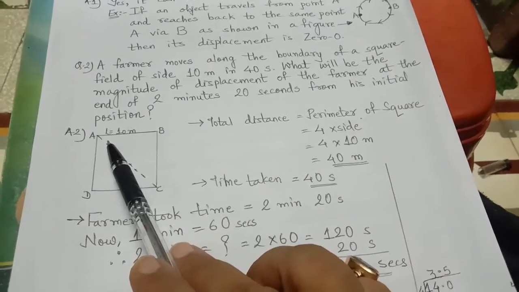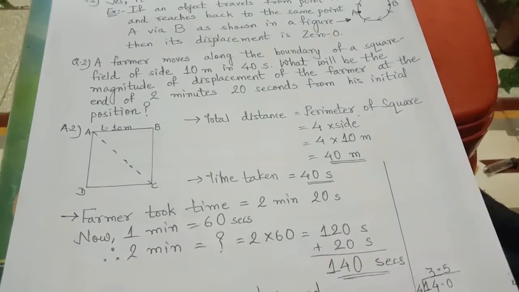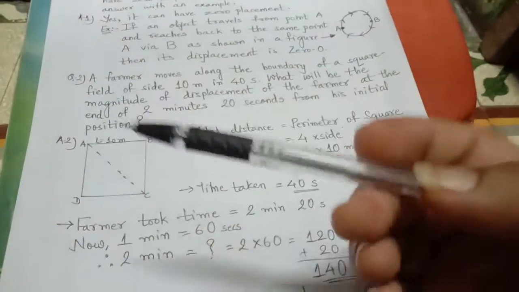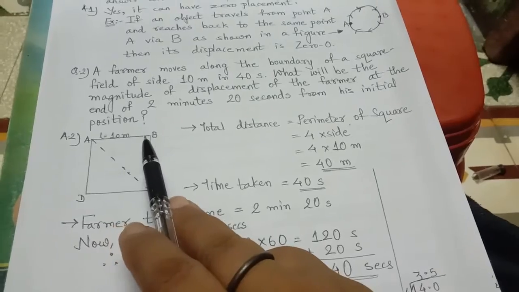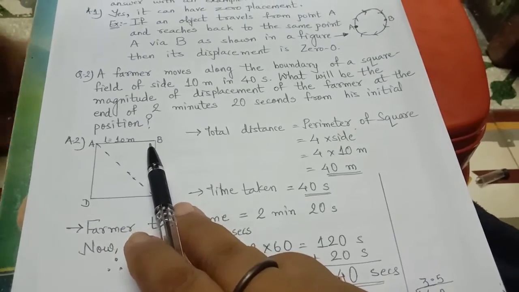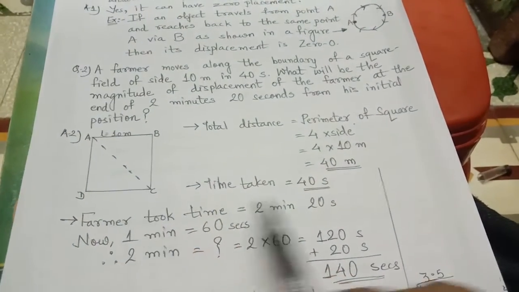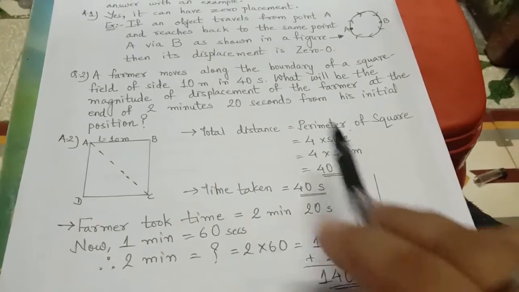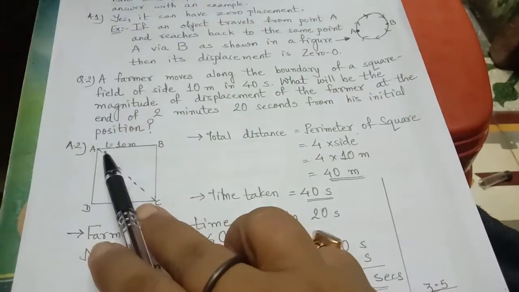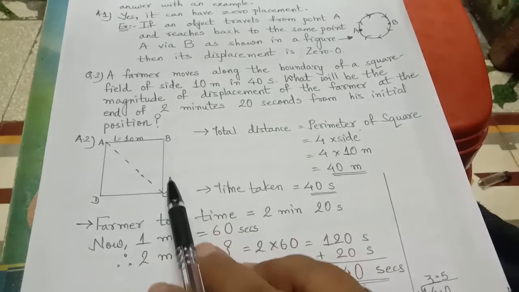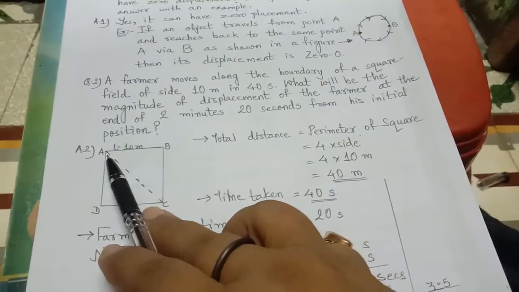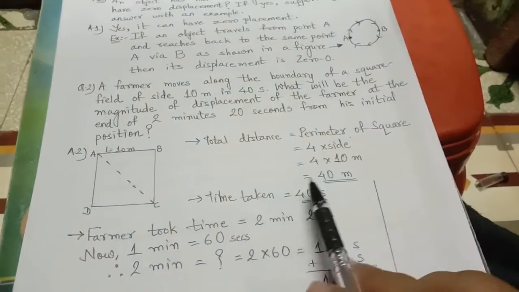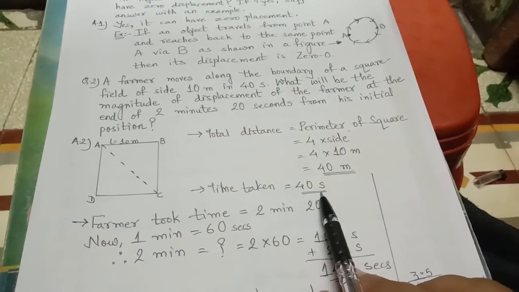Perimeter is 4 multiplied by side. Now here the side is 10 meter, so 4 into 10 meter equals 40 meter. That means a farmer can take one complete round of the square field, that is 40 meter, in 40 seconds.